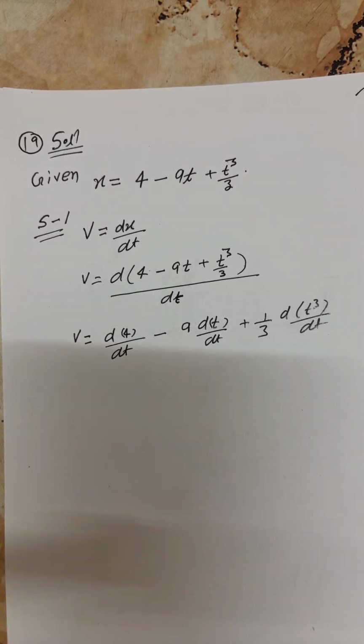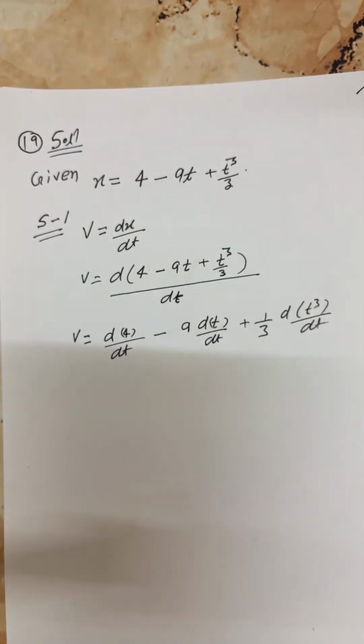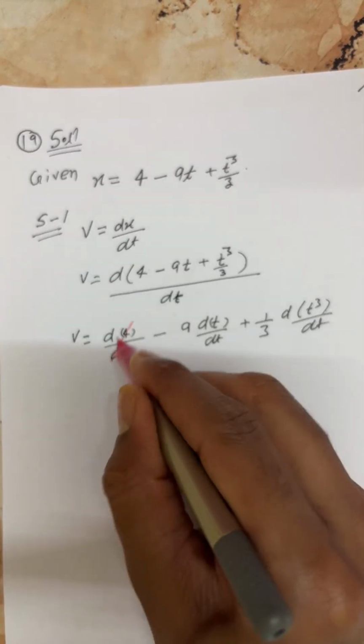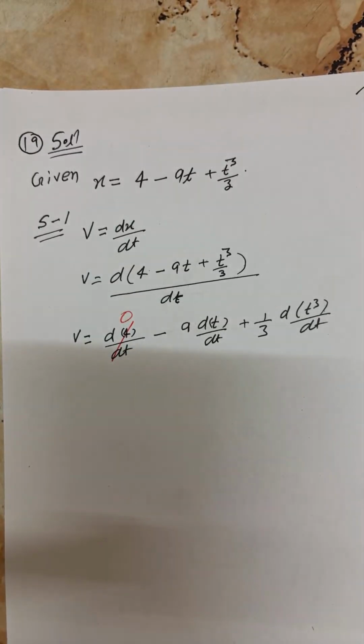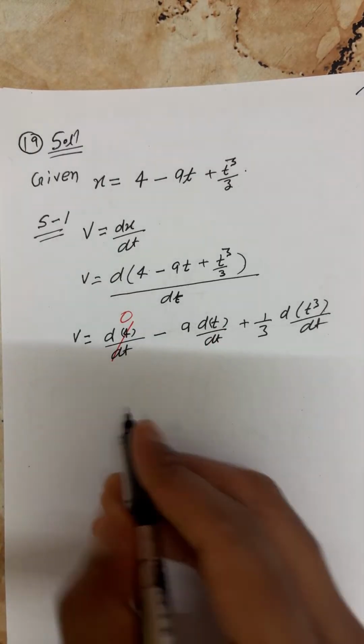Done. Now, differentiation of any constant term goes to 0, right? Differentiation of dt by t becomes 1 only.